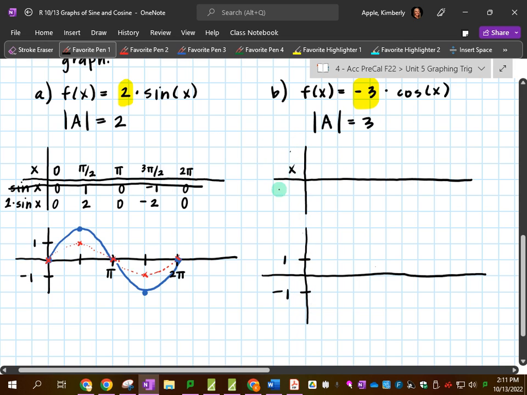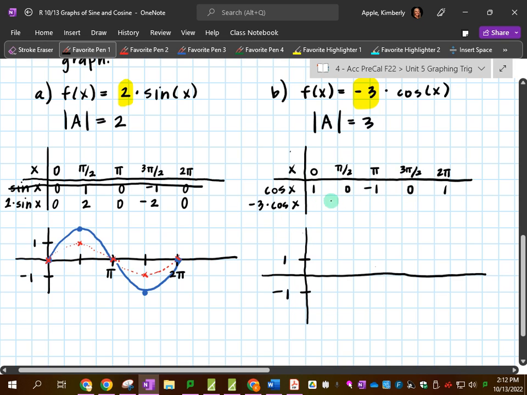So this will be x, and this will be cosine of x, and this will be -3 times the cosine of x. Because I just want my original values first. So that's going to be 0, pi over 2, pi, 3 pi over 2. And for cosine, that's 1, 0, -1, 0, 1.